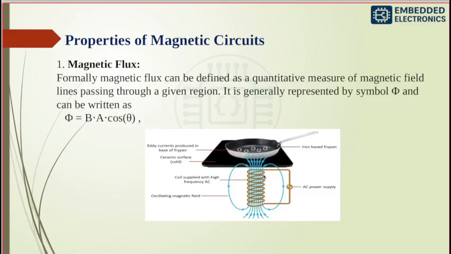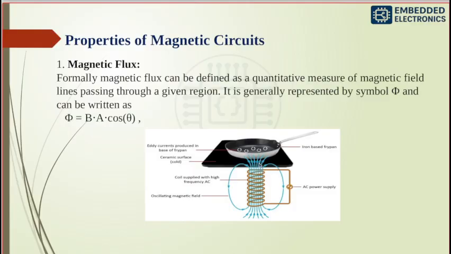Because the current keeps changing direction, the magnetic field also keeps changing. This change in magnetic field is called changing magnetic flux. This magnetic flux moves upward from the coil. So when an iron pan is placed above it, the flux passes through the metal pan. So the pan is inside the magnetic flux.